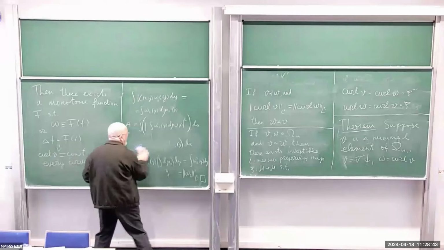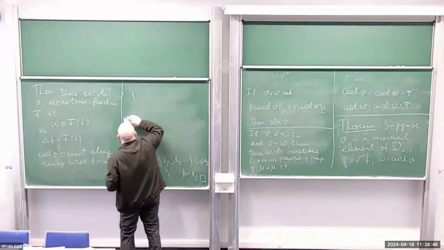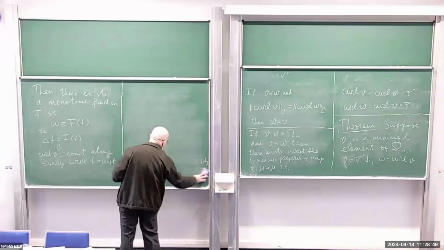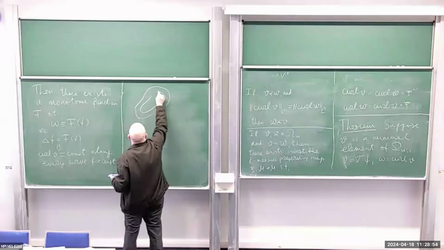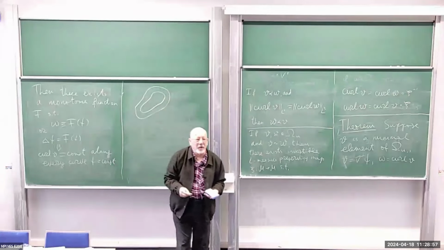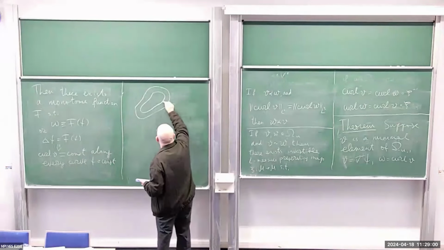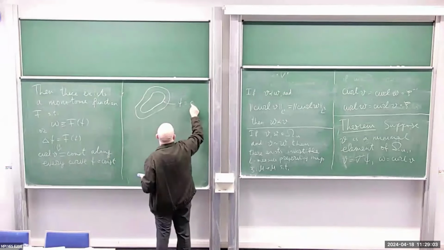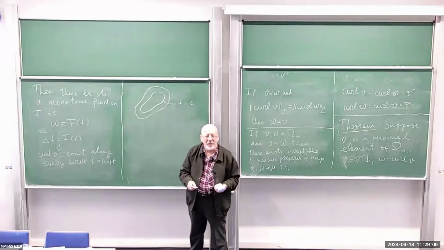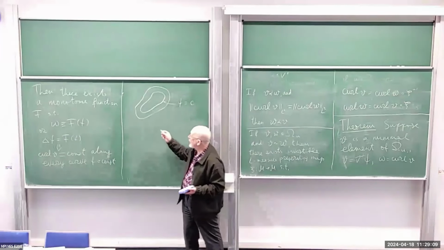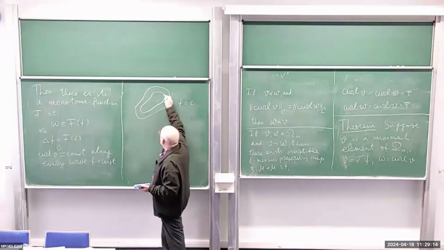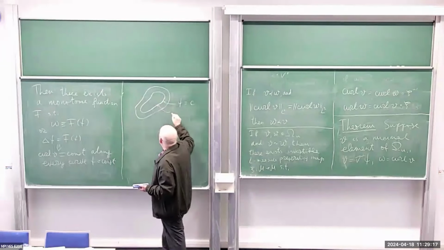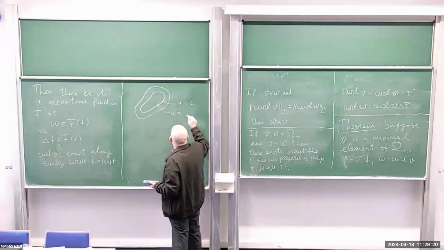But draw a picture. So this is a level line of stream function, psi equals C. And the vorticity is constant along this line.